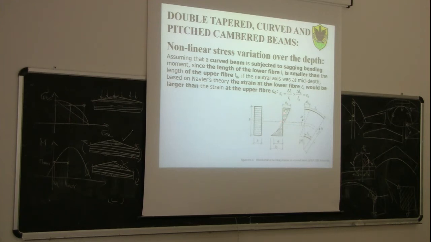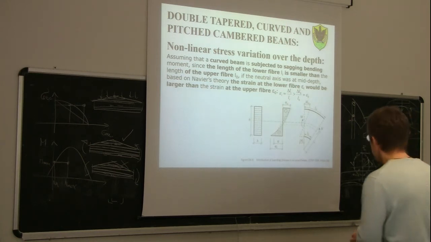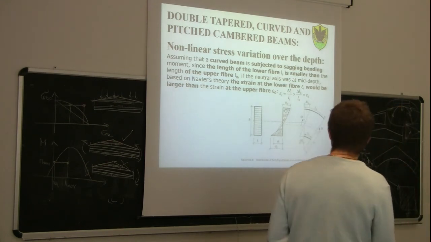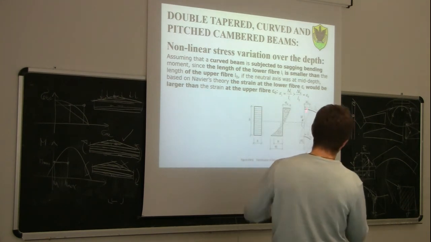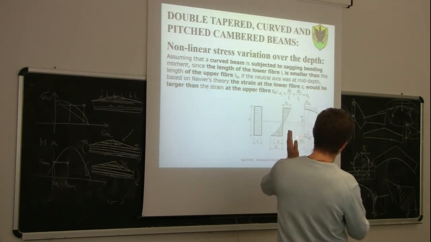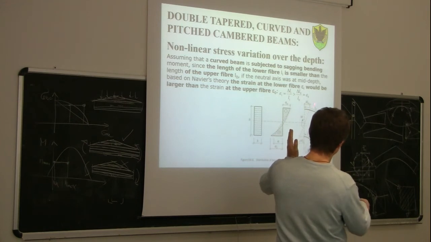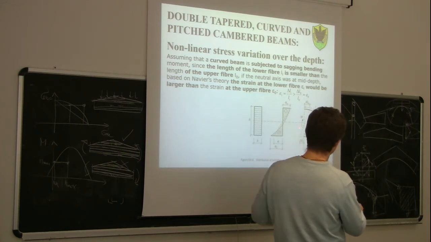Let's put it this way. Suppose that the distribution of the epsilon, so we still have this principle of conservation of the plane section. The cross section, which is initially plane, will rotate around the neutral axis, which is assumed to be at mid-depth.